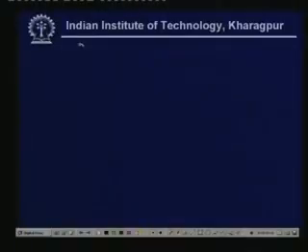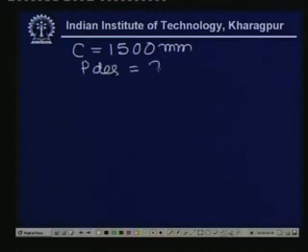Say we consider C to be around, just to avoid, C is the center distance, in mm, and the value of the service factor, or P design rather, you can consider to be the same as 26 kilowatt.